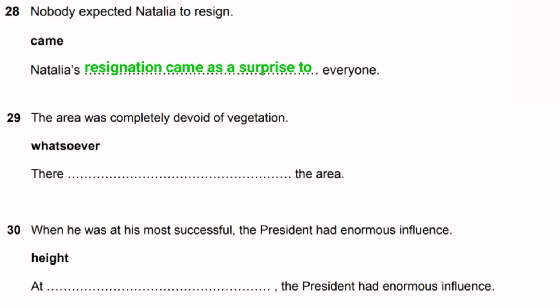Yeah, I don't think there are any more options there. Let's move on. Number 29. The area was completely devoid of vegetation. The word whatsoever. There was no vegetation whatsoever in the area. Interesting word, whatsoever.